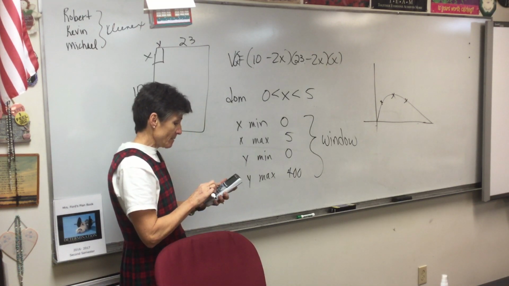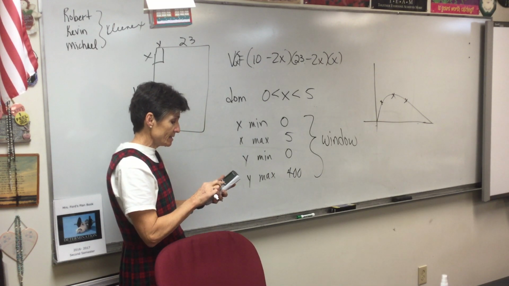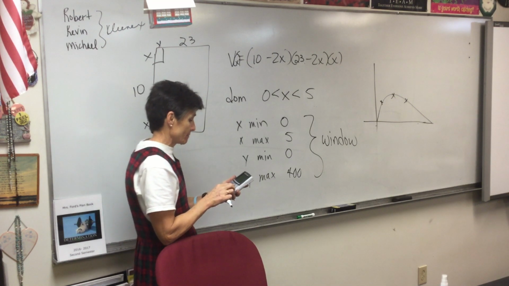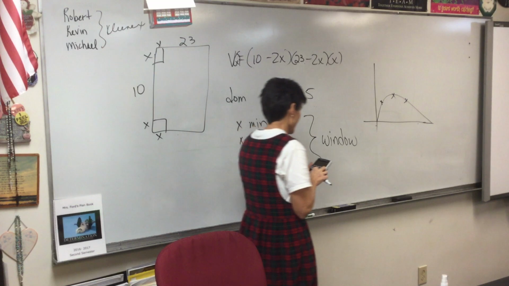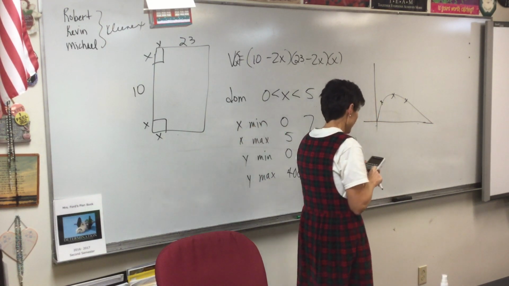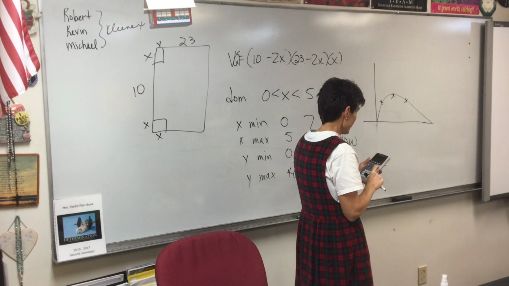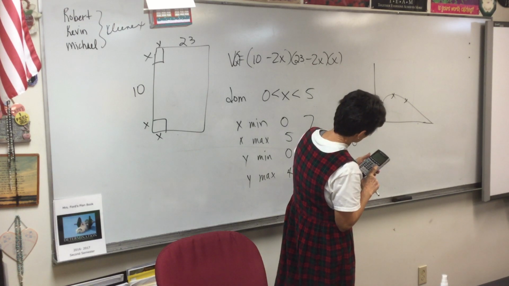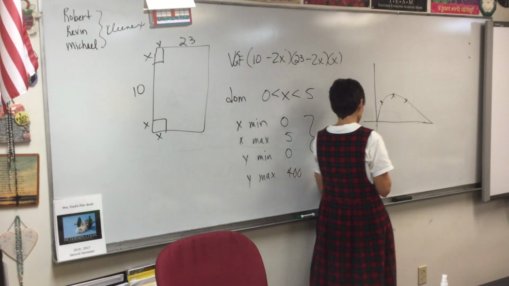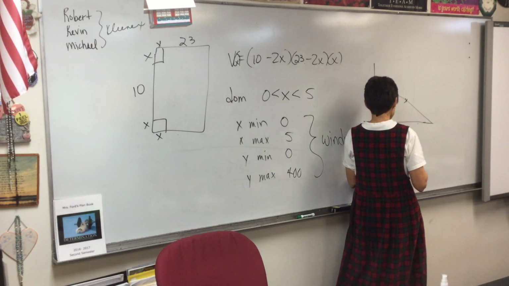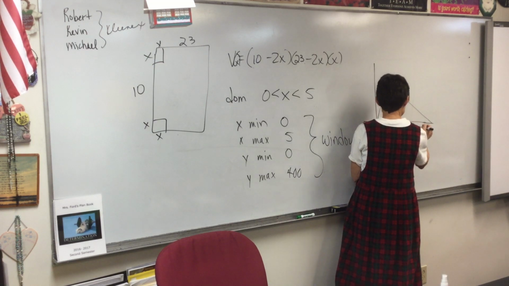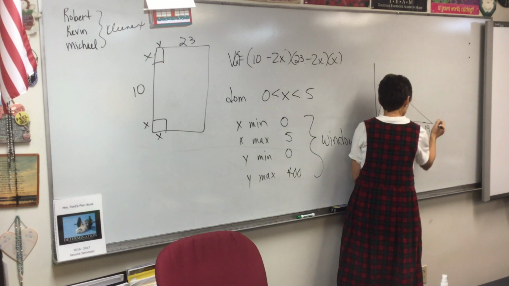So then I need to find the maximum. So I press second calc, go down to max, move it to the left and press enter, move it to the right and press enter, and then move it to the middle, press enter, and this time it's 2.17 and 229.19.